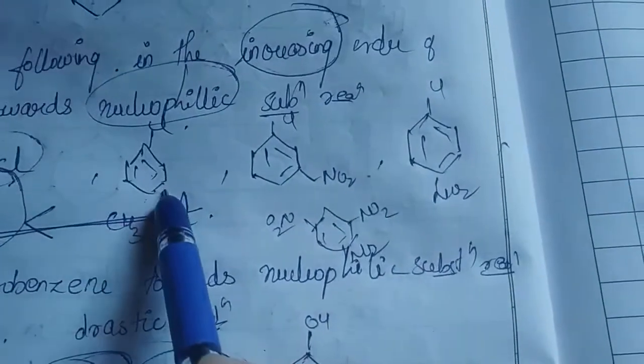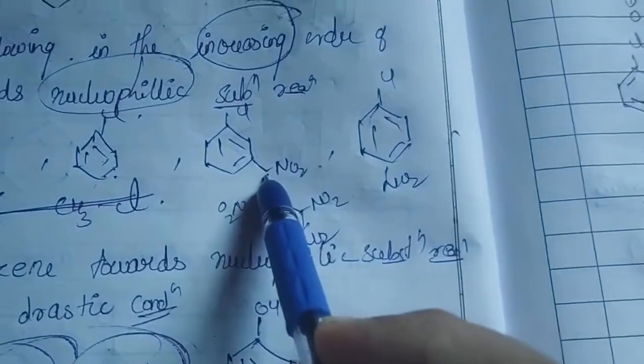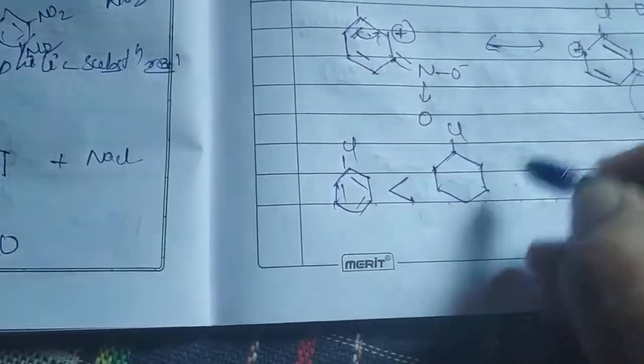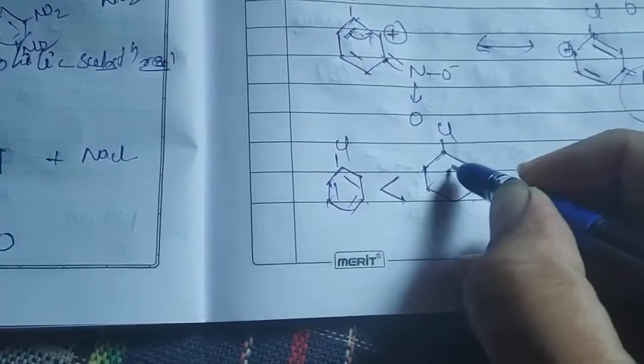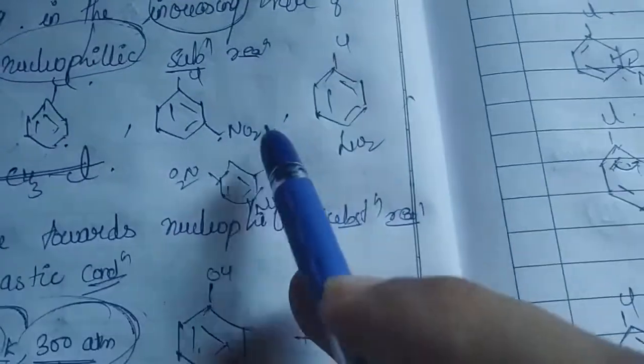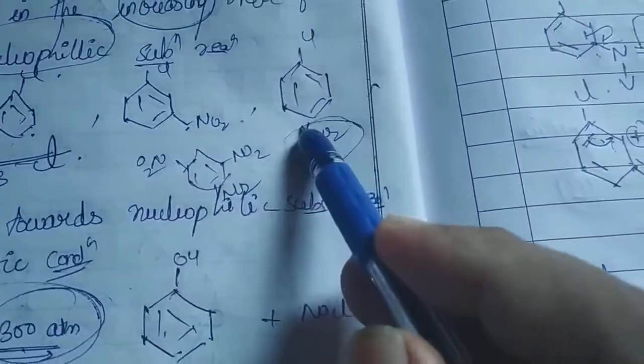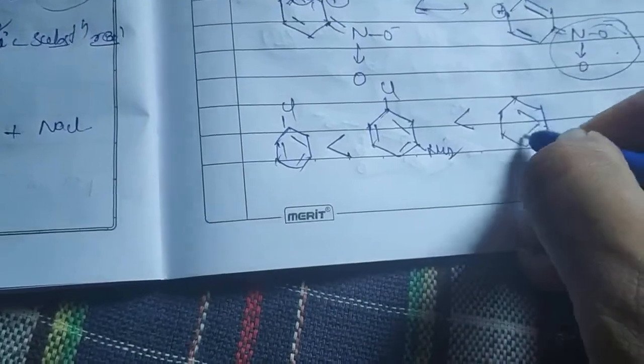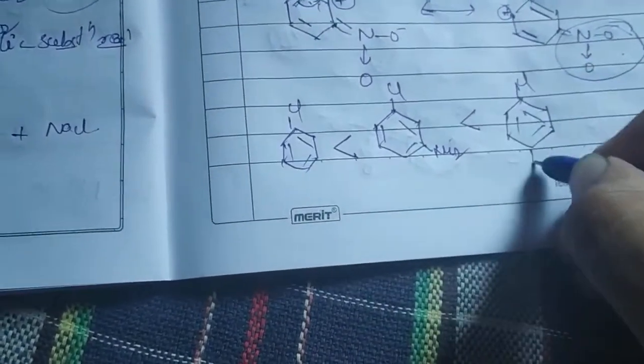Soon after that one, which one will there be? Yes, the meta position one. The meta position will have somewhat higher reactivity. So here you will have your Cl, here you will have our NO2 group. Then soon after the meta, which one can we write? Yes, the para position with the NO2 group.